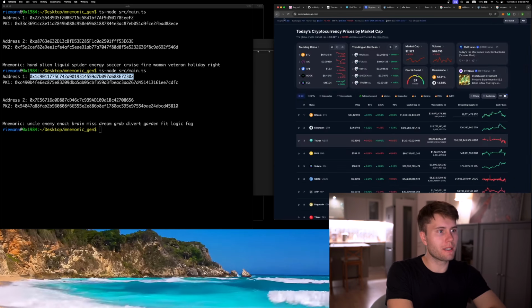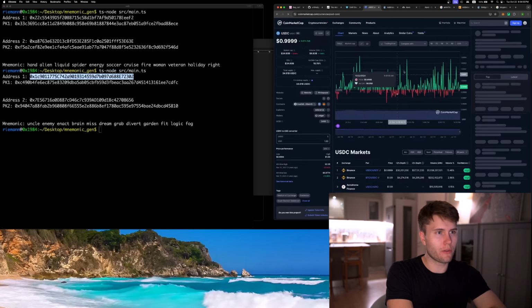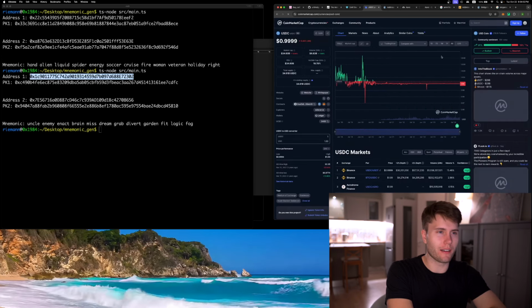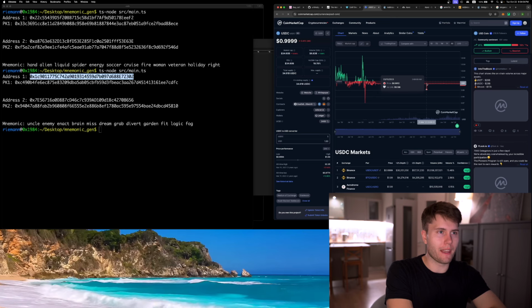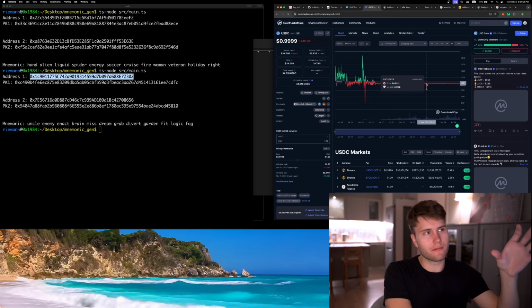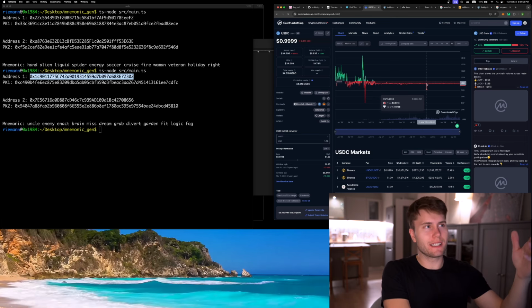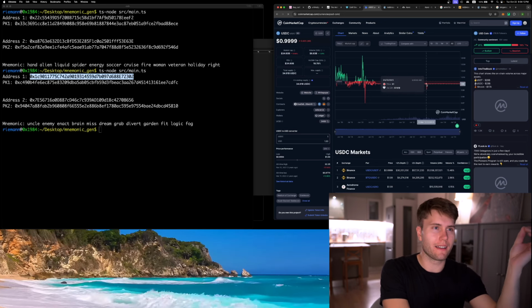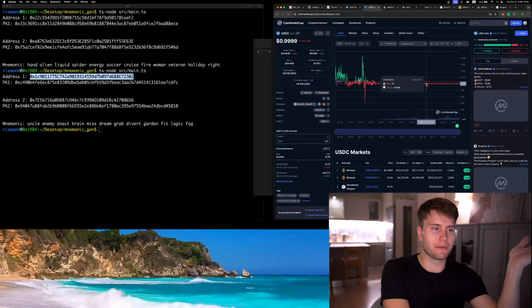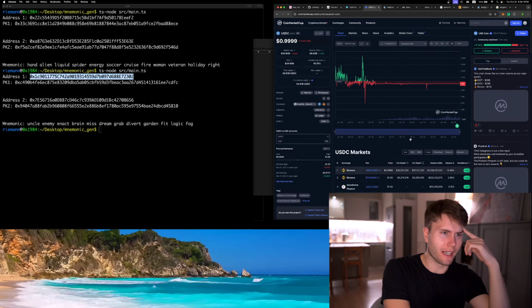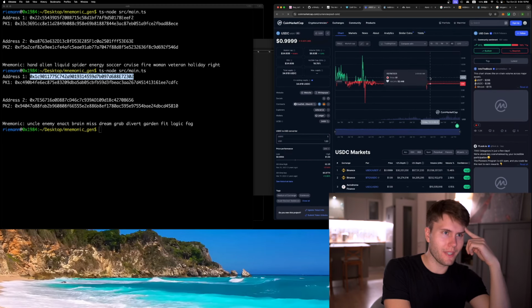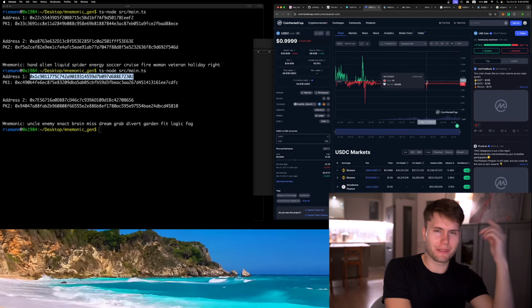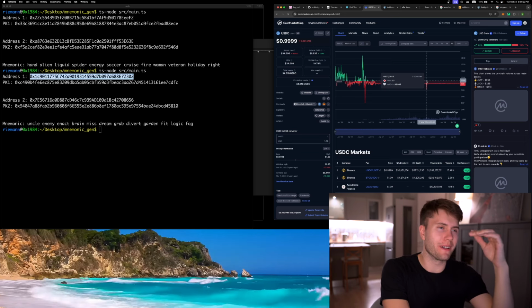USDC also depegged once back in 2023 when Silicon Valley Bank collapsed. The reason is that the company that controls USDC actually had treasury bonds in Silicon Valley Bank, and this caused people to freak out. So technically, these stable coins are supposed to be one-to-one to the US dollar, but not always.